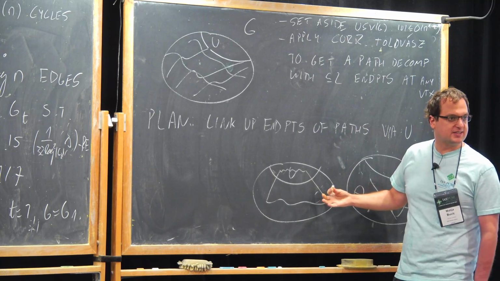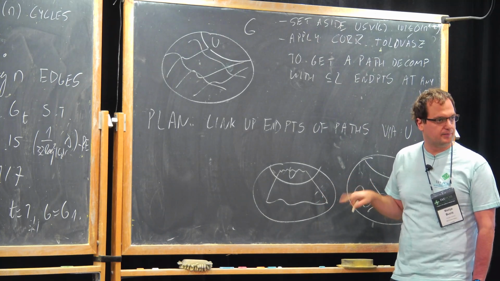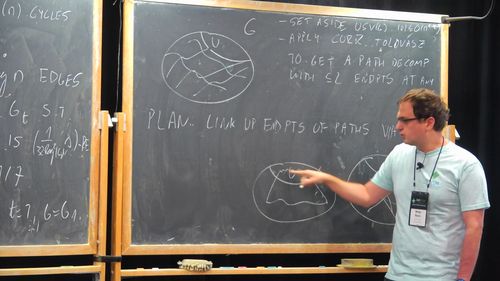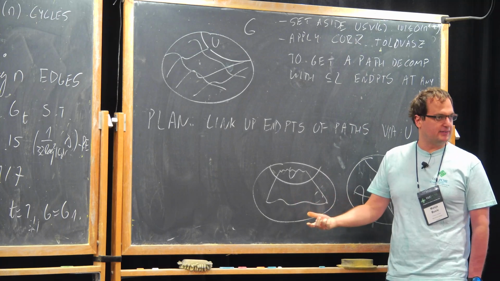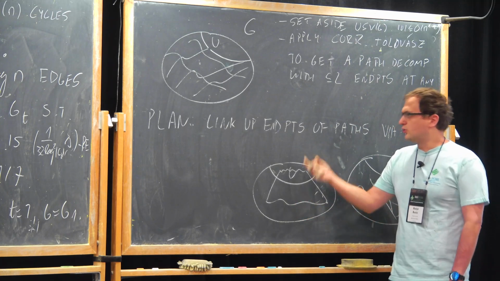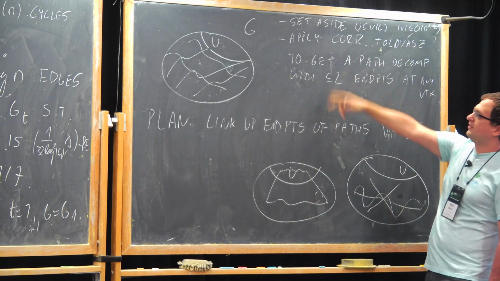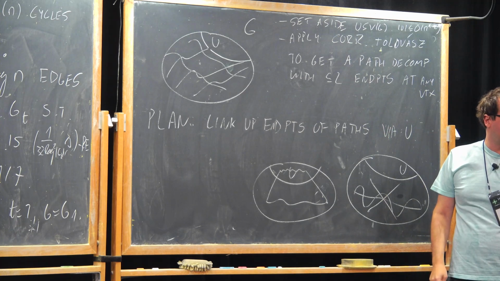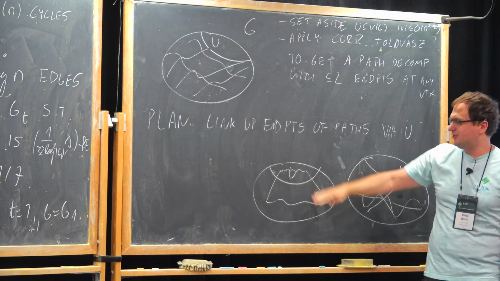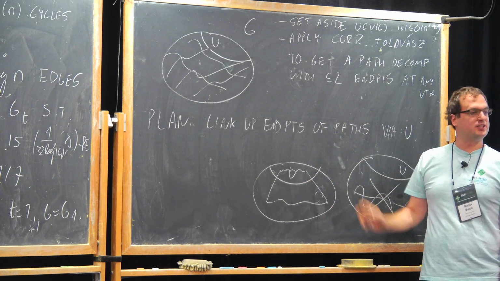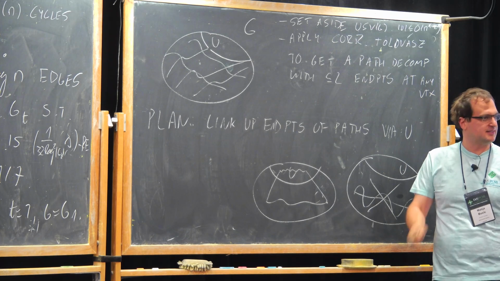That gives us a nice cycle without any issues with going around. These are all going to be short because we live in an expander. So over the whole process of these n paths that we need to link up, we are not going to use up too many edges from the previous paths, and we can still avoid them.